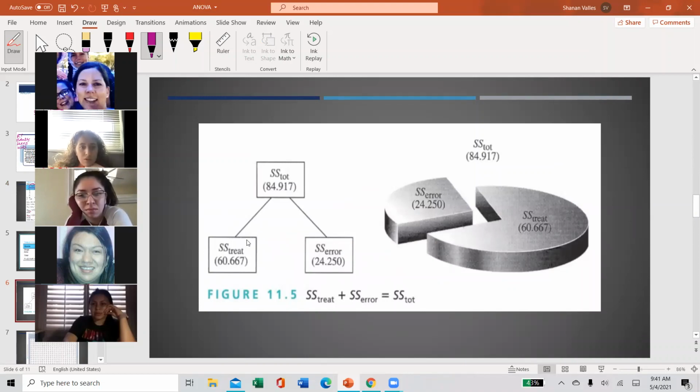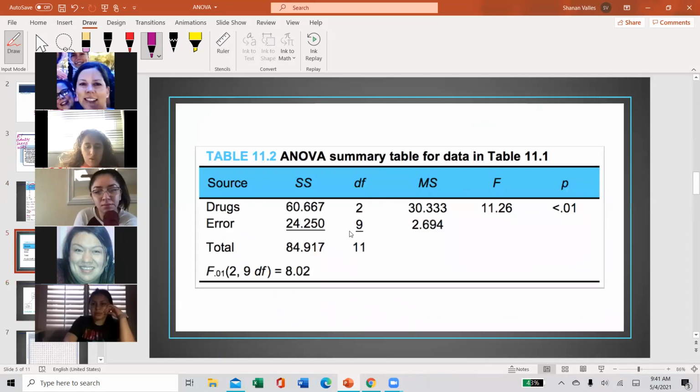We put this here just so you would know this. It doesn't go into any calculation as far as helping us find our F value, but it serves as a nice check system.